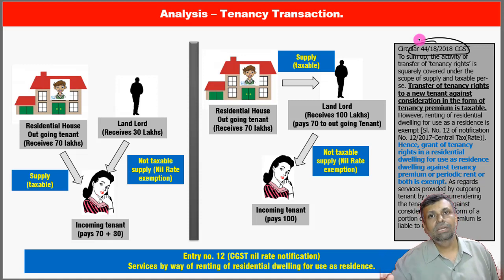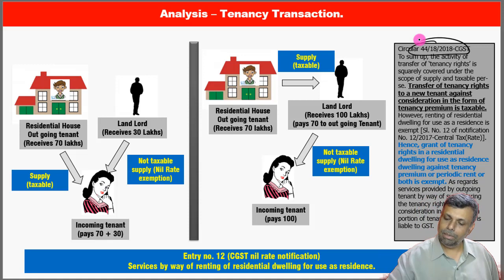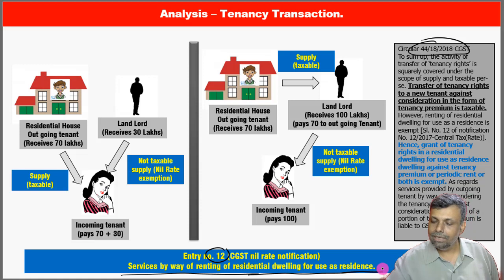Now, in this context, friends, first of all, you have to remember that there is exemption entry number 12, which says that any services by way of renting of a residential dwelling for the purpose of residence, that means any rent of a residential property, is given an exemption in the GST. Okay, that is one of the points that you should remember.